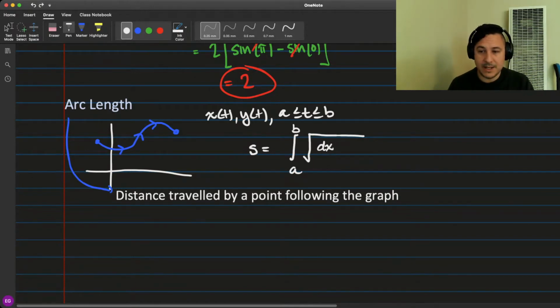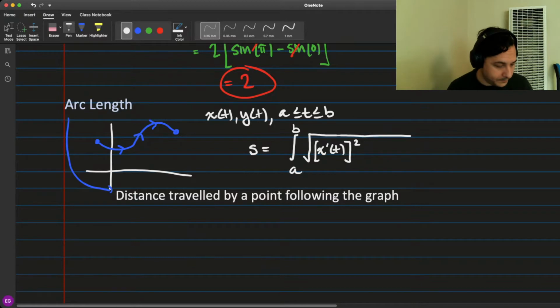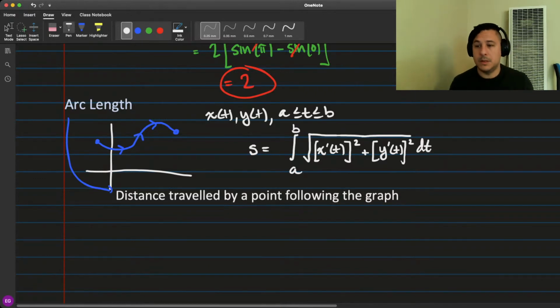You could also write it as x prime t squared. And actually, I prefer to write it that way. And then you will add y prime t squared, and you will integrate with respect to dt.